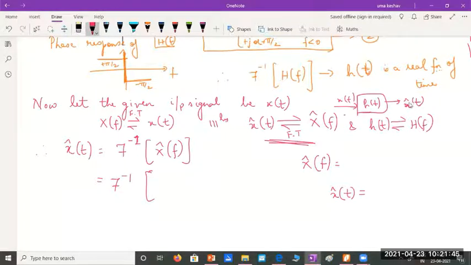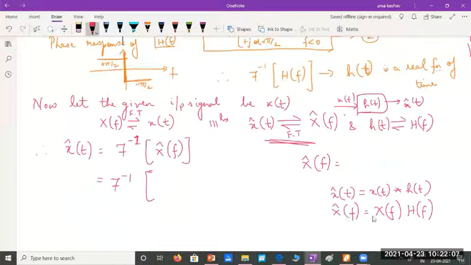How do I define x cap? Convolution. Yes. Convolution of x of t and h of t. Then how will this same thing be defined in the frequency domain? Multiplication. Yes, it becomes multiplication of X of f with H of f.